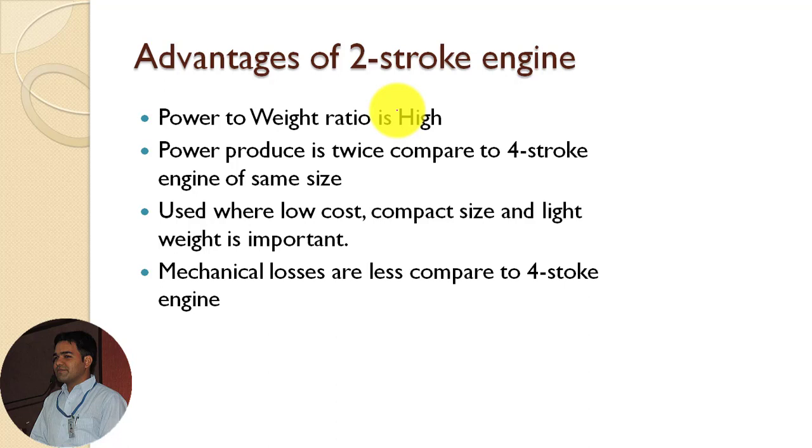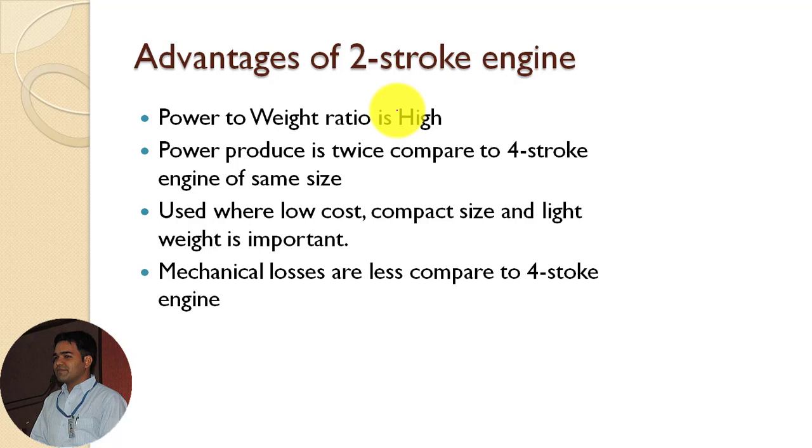Power produced is twice compared to a four-stroke engine of the same size. As I said previously, one power stroke is generated at every revolution of the crankshaft in case of two-stroke engine, whereas one power stroke is generated at every two revolutions of the crankshaft in four-stroke engine. So we can say that with the same size, the power produced is twice compared to four-stroke engine.